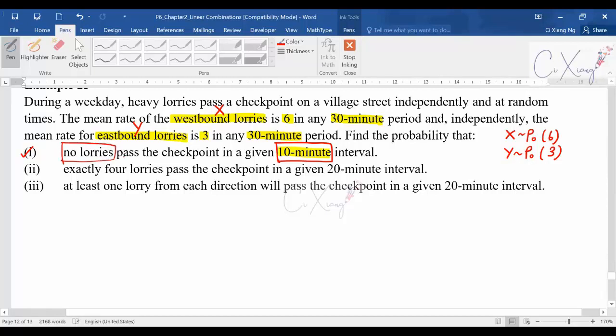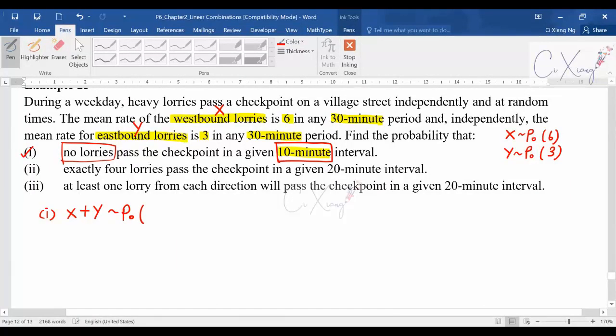They didn't specify, so that means you have to consider both eastbound and westbound. To calculate the probability for both, you have to add them together. They don't care whether it is from eastbound or westbound, as long as no lorry passes by the checkpoint. So you take X plus Y, which is Poisson distributed.